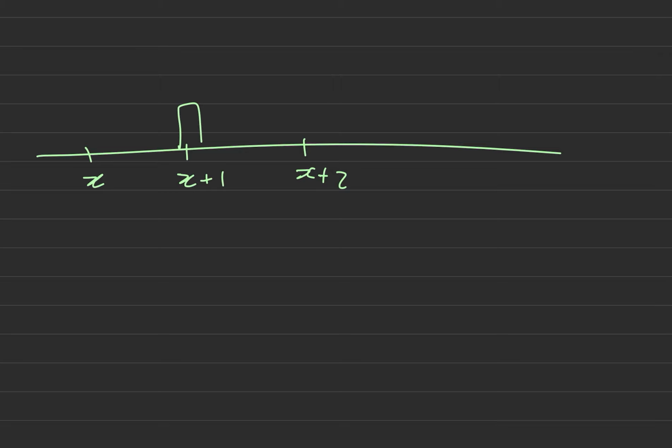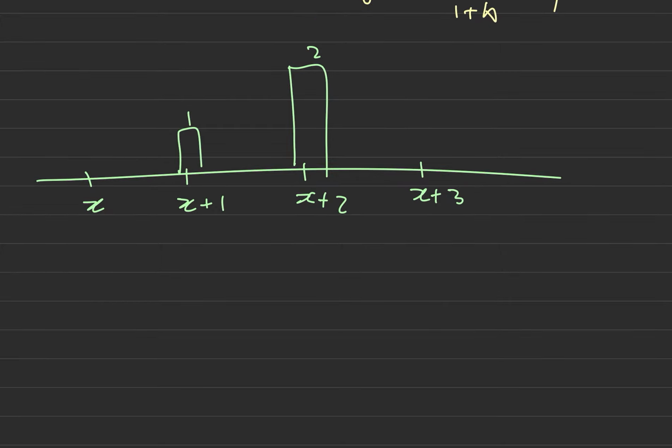At age x plus 2, they would receive a payment of size 2. So if that's of size 1, then that would be of size 2. Then at age x plus 3, they would receive a payment of size 3. And that would go on and on and on.